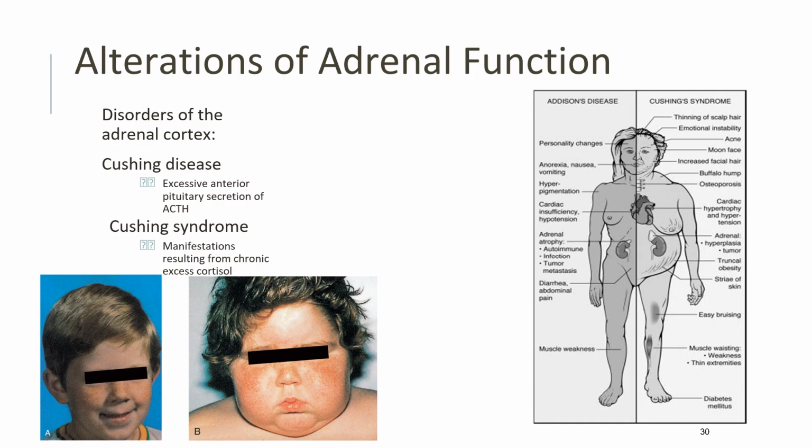You start seeing where Cushing's disease and Cushing's syndrome from the excessive cortisol really takes effect. Look at the moon face, the weight gain, the hair changes in this little boy. It makes a profound difference.